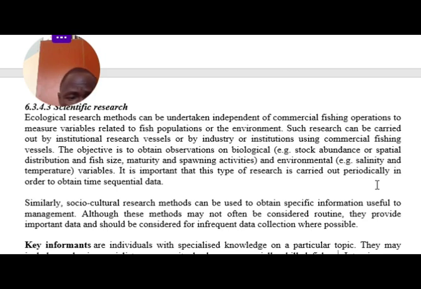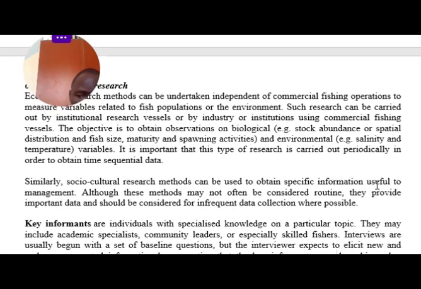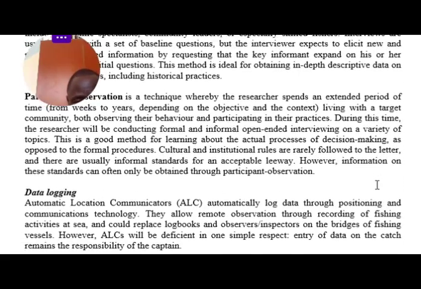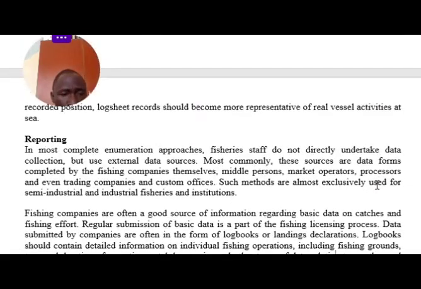Research can also be carried out by institutions or research vessels, by industries or institutions using commercial fishing sites. These are scientific researches carried out periodically in order to obtain spatial and time data on changes in fish, usually studying the physical environment. So those are some of the forms of data collection.